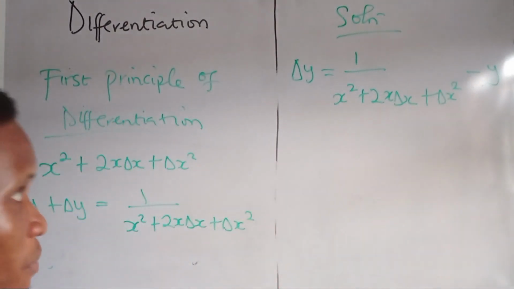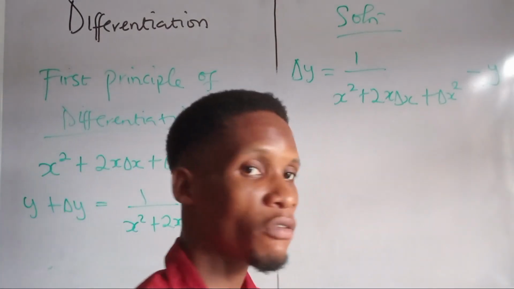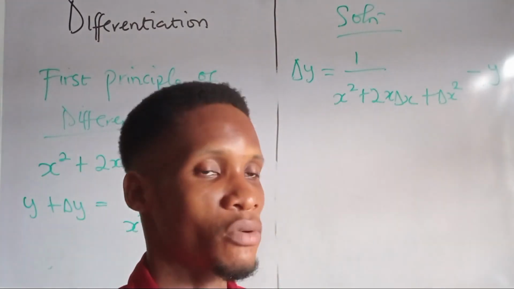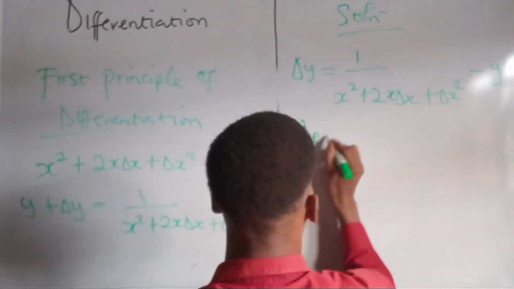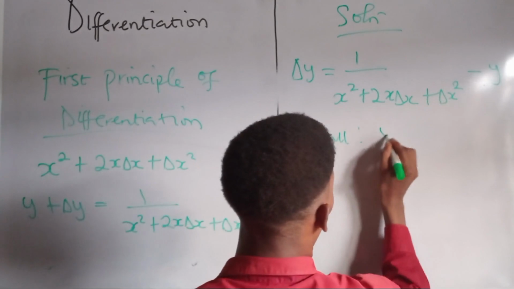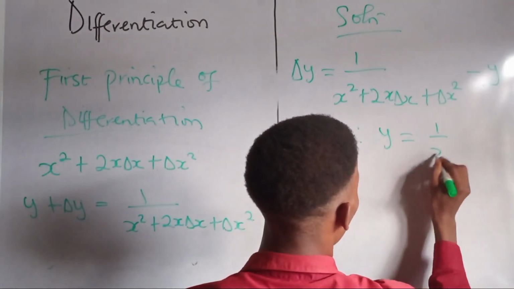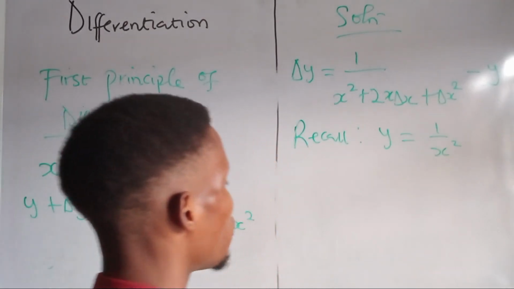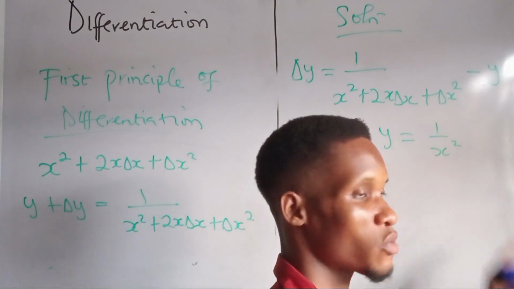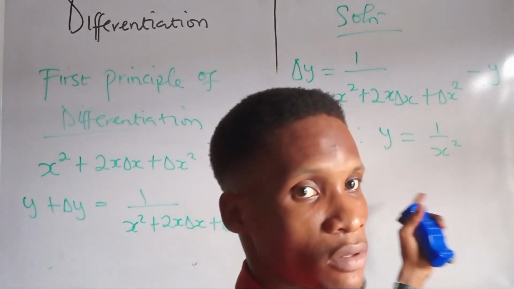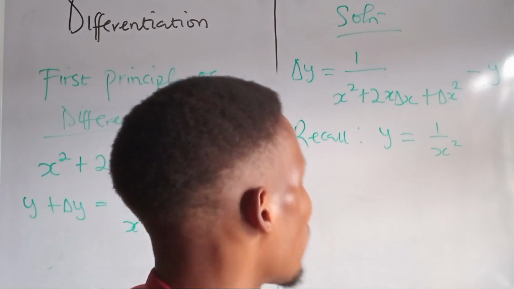But remember, we know the value of y from the equation that was given to us to solve. So we can recall that y was given to be 1 over s squared, and we can now substitute for y and continue with our solving.